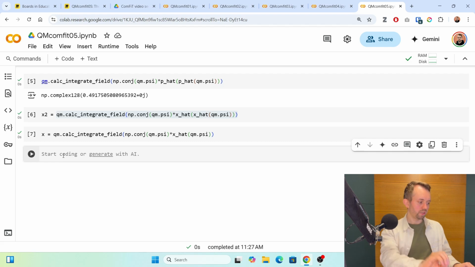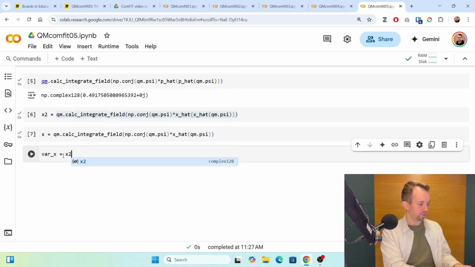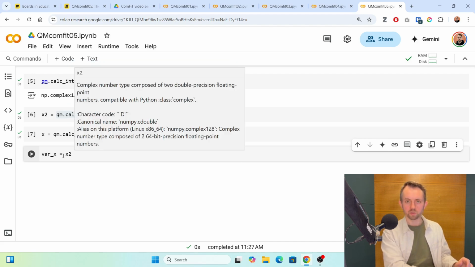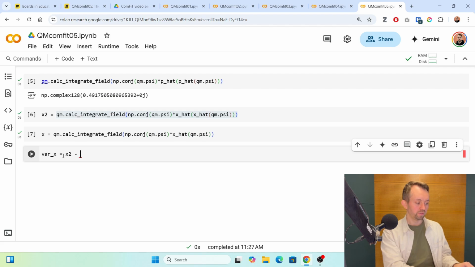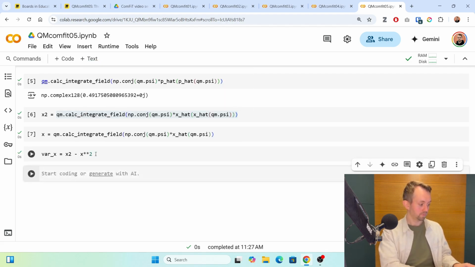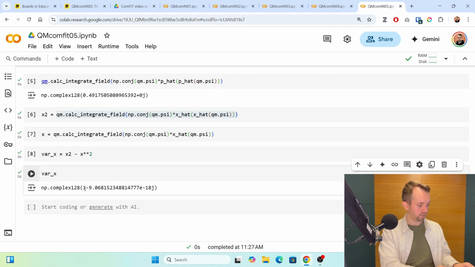In order to calculate the variance, I need to take the expectation value of x squared minus the square of the expectation value of x. And what is that, you ask? It's 1 exactly. That's nice.